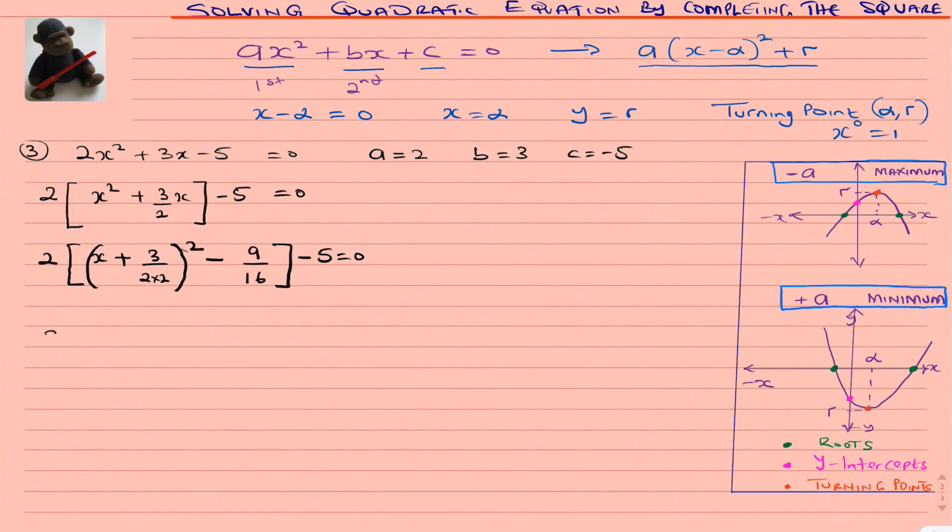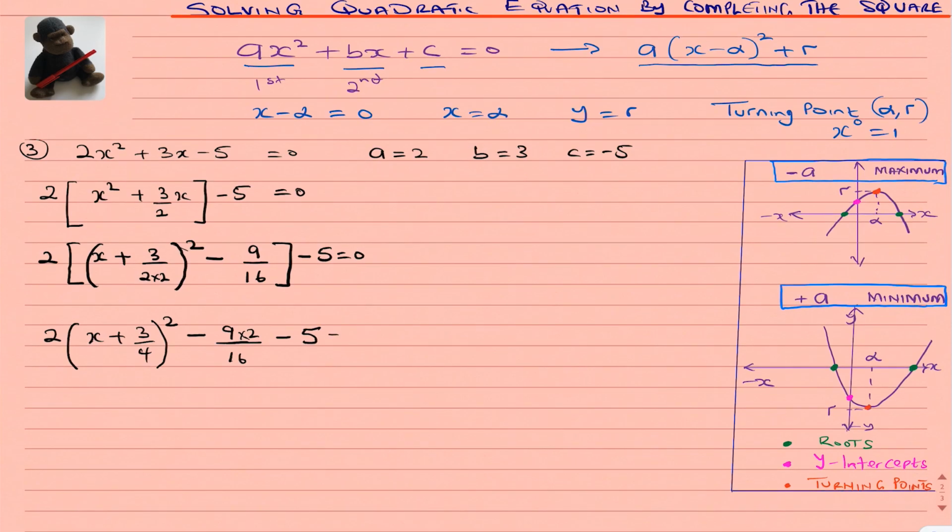So I get 2 into bracket x plus 3 over 4 squared minus 9 over 16 times 2, and then minus 5, equal to 0.